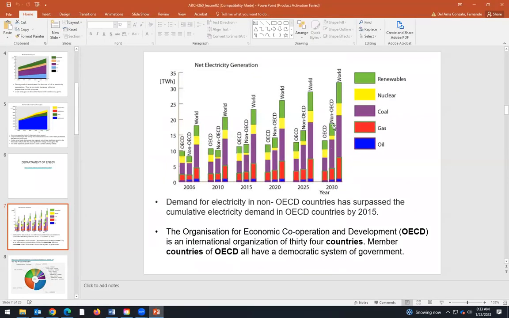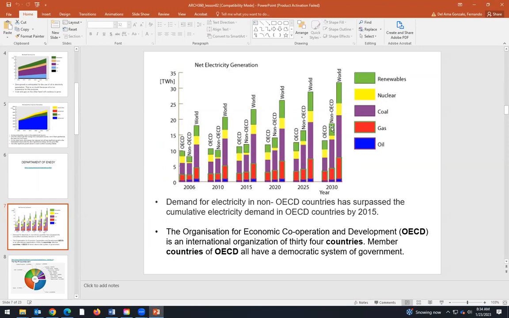The OECD countries have steady energy generation and consumption, but the energy generation and consumption of other countries is growing a lot. So that means that we, as the world, need more energy.